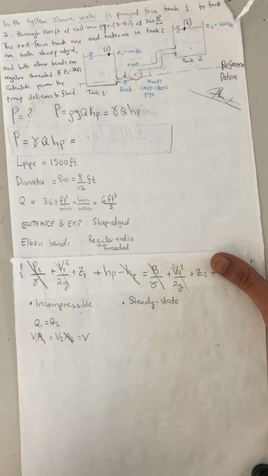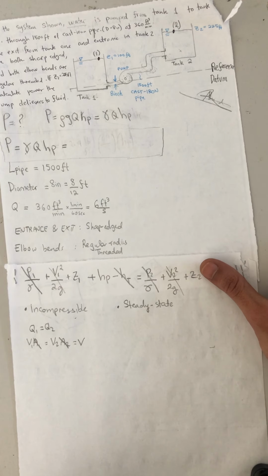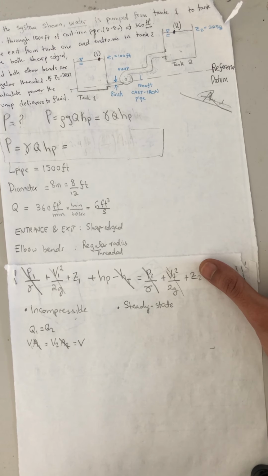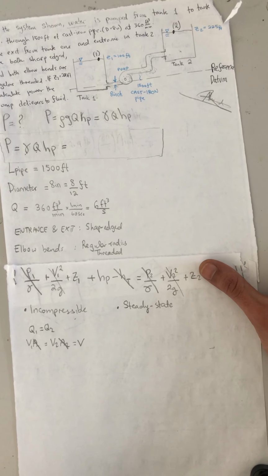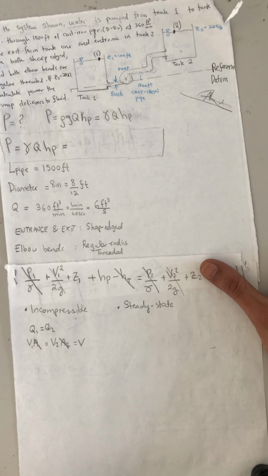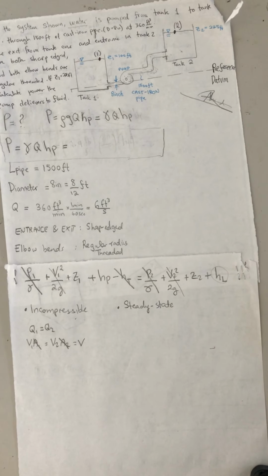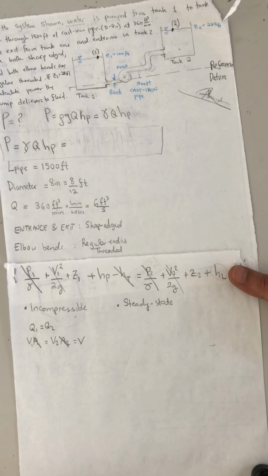So in a fully developed flow, the velocity does not change between section 1 and section 2, since the frictional forces or the viscous effects have already done what they can do. So for a fully developed flow, we know that our velocities will not change between section 1 and section 2.